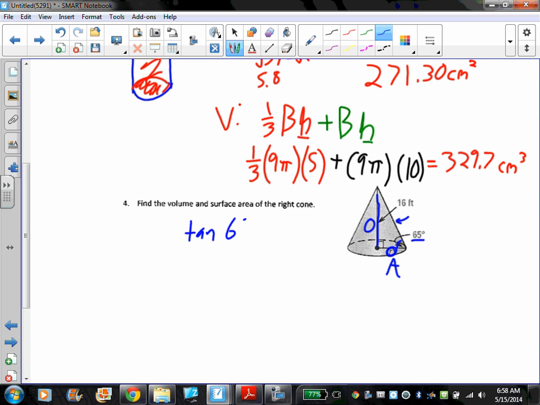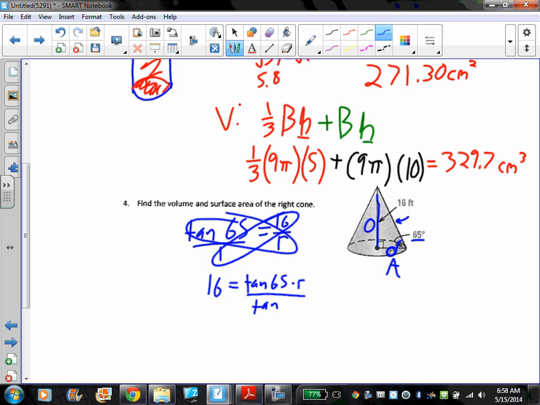So we'll have tangent of 65 equals 16 over our radius. Best way to solve this would be to turn tangent into a fraction and then cross multiply. So we'll have 16 equals tangent of 65 times r, and we'll divide both sides by tangent of 65.